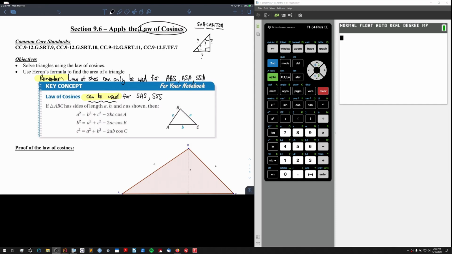Then we said in section 9.5, what if the triangle is not a right triangle? And then we said, oh, there's something called the law of sines that we can use to solve those triangles. So when the triangle is no longer a right triangle, and these angles are any angles, not necessarily one of them being right, how do I solve it then?